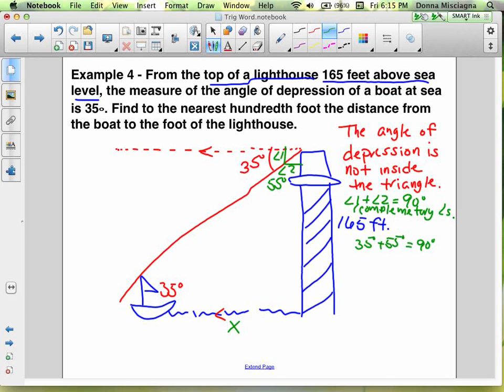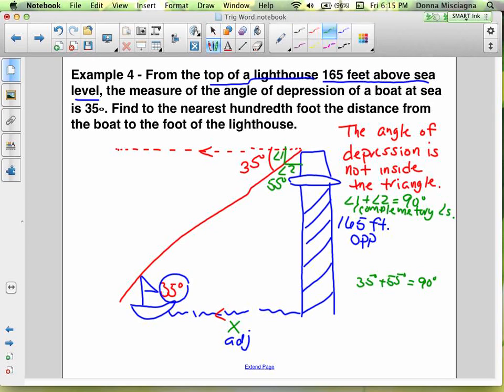It's kind of hard to see here, but it depends. If we use this angle here, this is the opposite side, and this is the adjacent side. If we use this angle here, then these two switch.